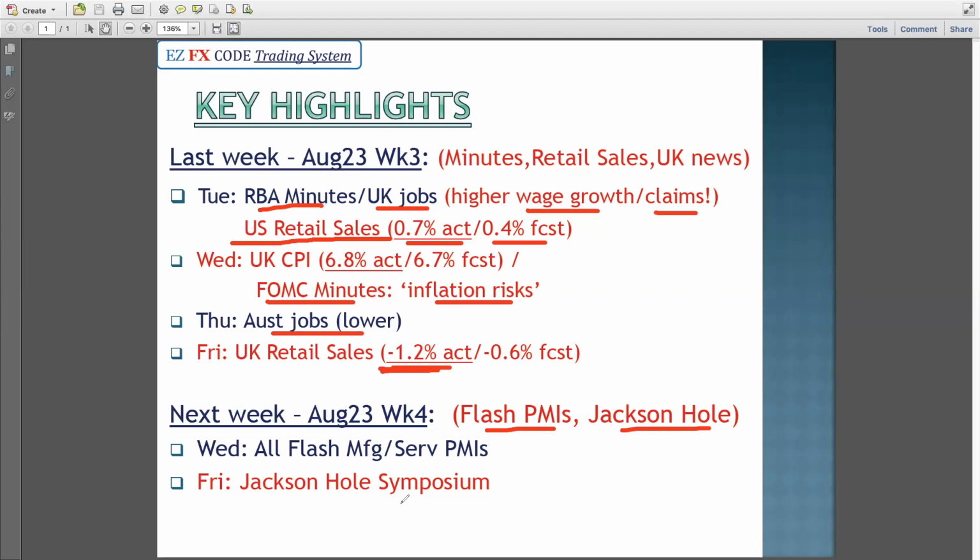That was where a year ago, Fed Chair Powell announced that they will still continue raising rates, and that really drove the US dollar higher then.